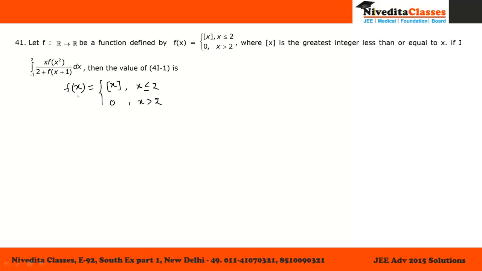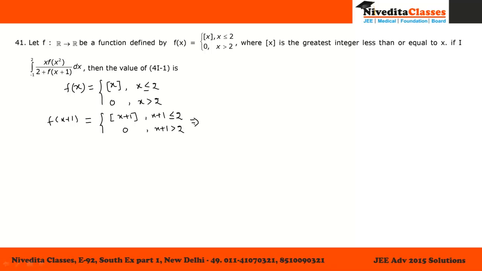From this definition, we can find f of x plus 1, that is equal to g(x plus 1) where x plus 1 is less than or equal to 2, and 0 where x plus 1 is greater than 2.